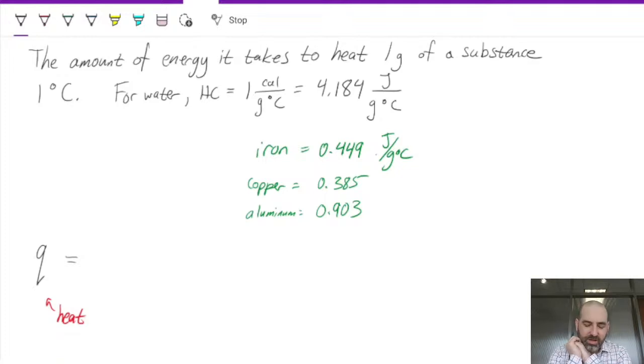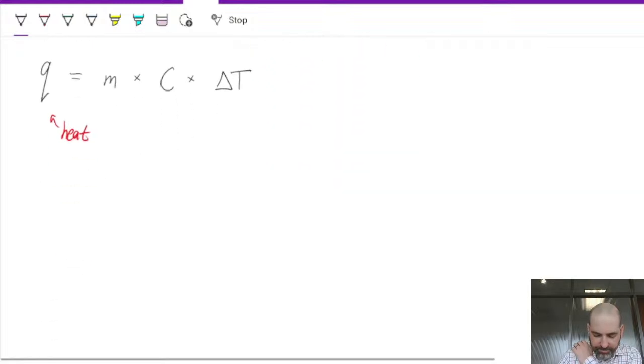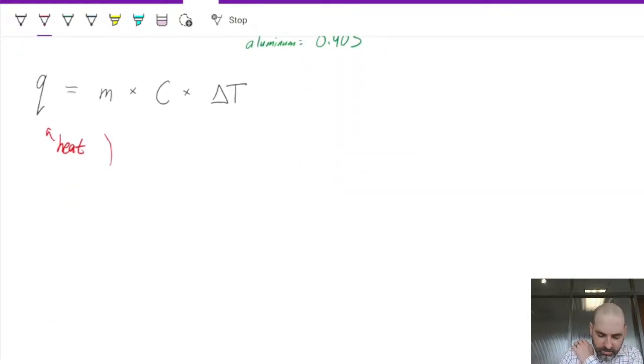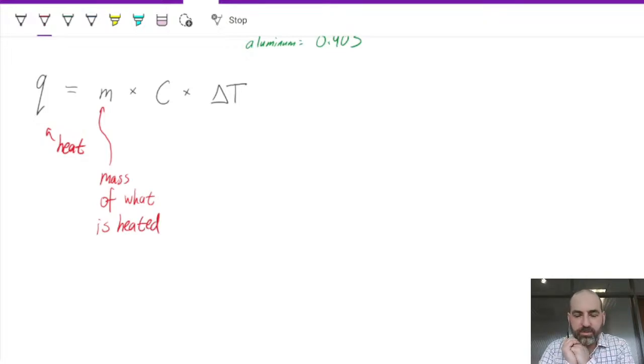So the heat is equal to M times C times delta T. M is the mass of whatever's heated, the thing that the heat goes into. In our calorimetry experiment, we burn this thing and use that heat to heat up water. So M is the mass of water in this case.